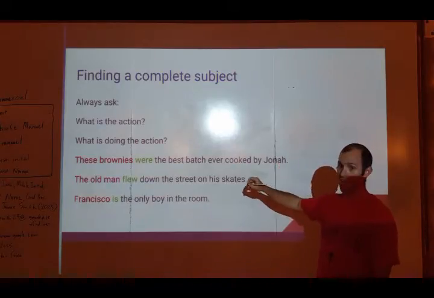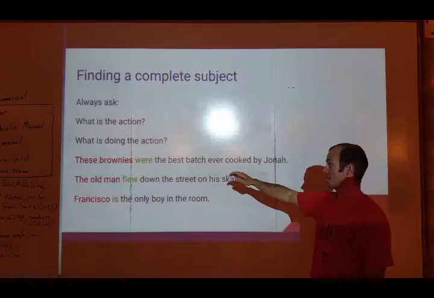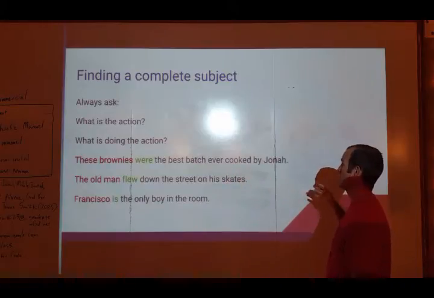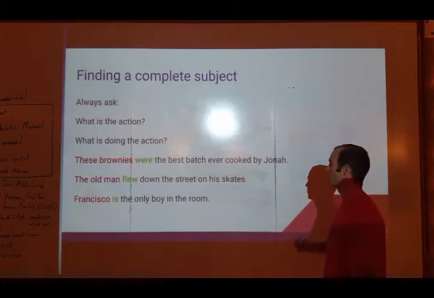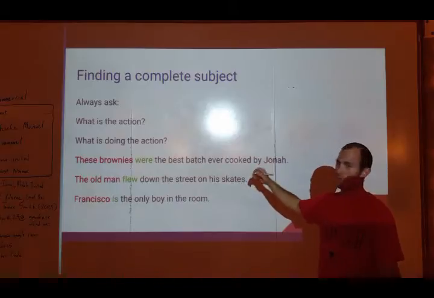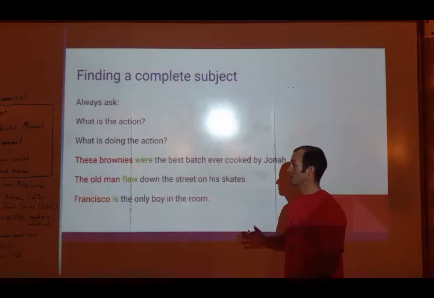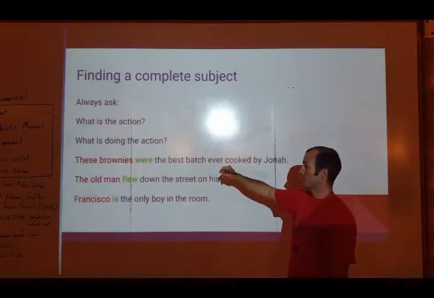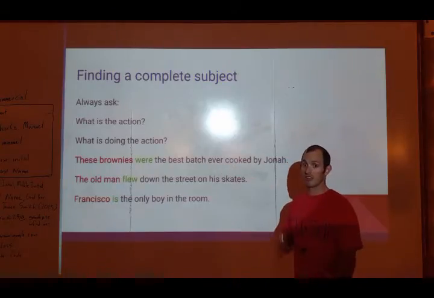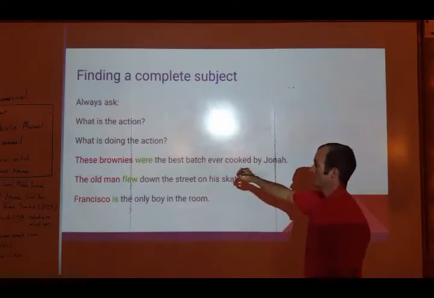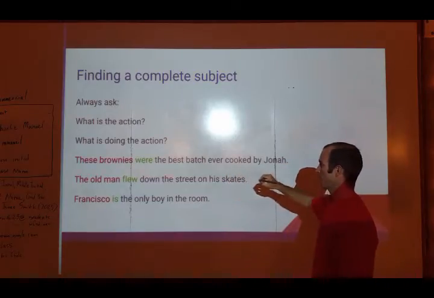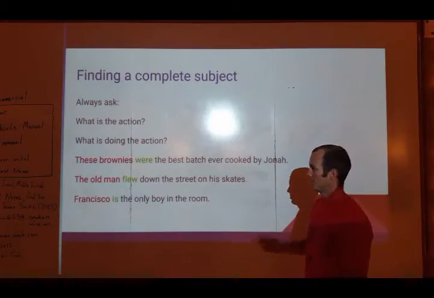In this case, the first sentence says, these brownies were the best batch ever cooked by Jonah. What is the verb? The verb is were. The thing that is doing the action is these brownies. This is the complete subject. The next sentence, the old man flew down the street on his skates.